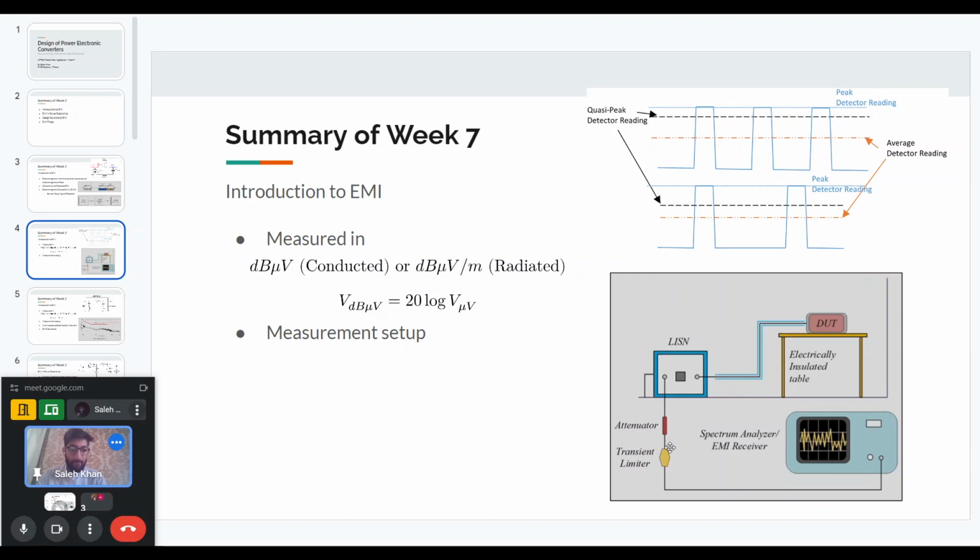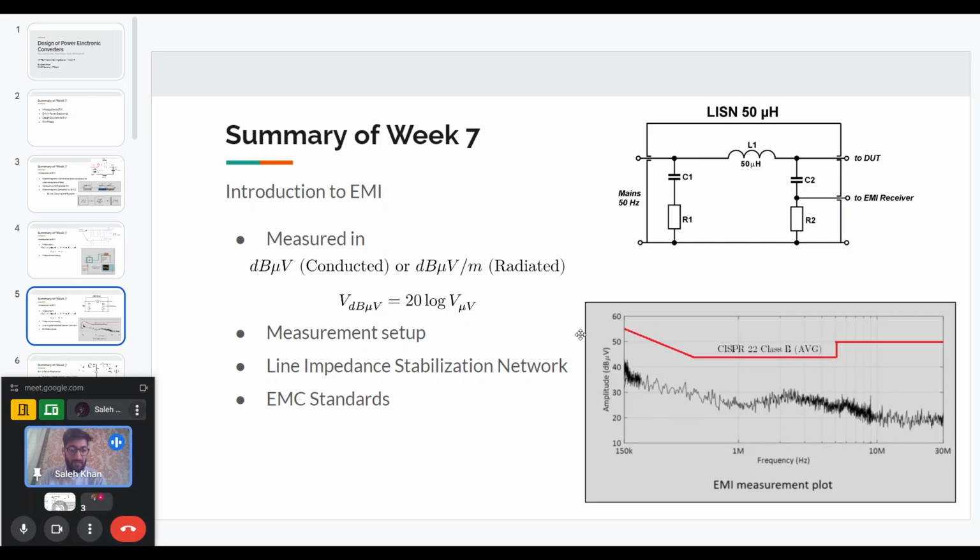Outside that room the AC supply is provided, and we take measurements from the LISN to a spectrum analyzer. LISN stands for line impedance stabilization network.